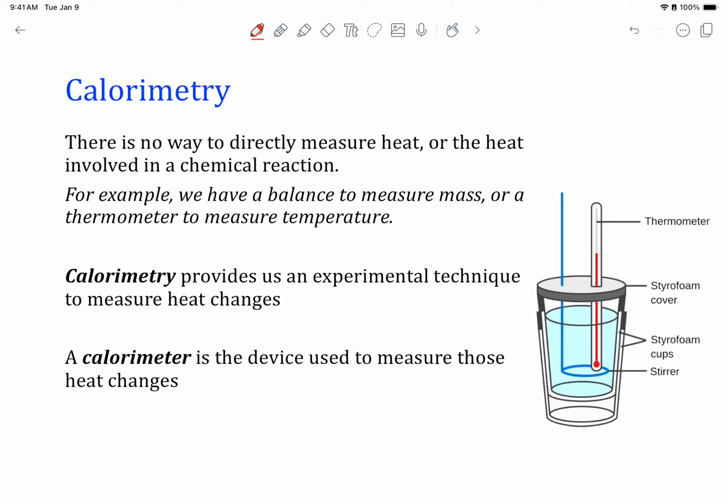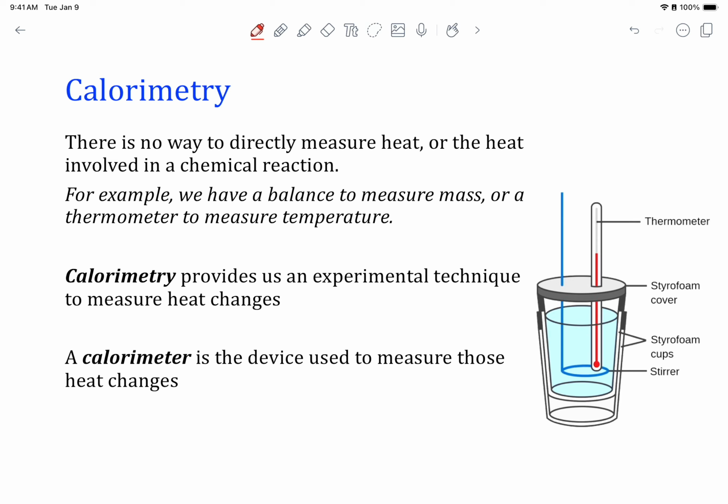So calorimetry is an experimental technique. As I was saying in our previous lecture, there's no way to directly measure heat or that value of Q. We can measure mass, we can measure temperature, so we can use a balance to measure mass, we can use a thermometer to measure temperature, but we don't have a specific instrument like a balance or a thermometer to measure the heat.